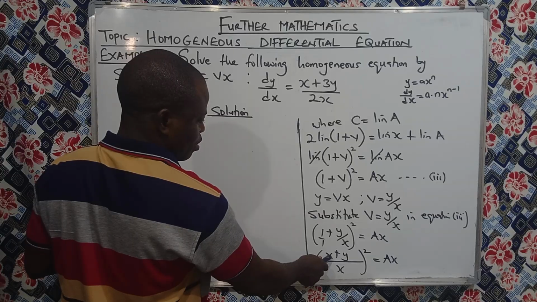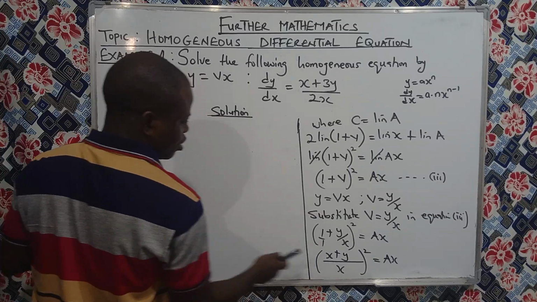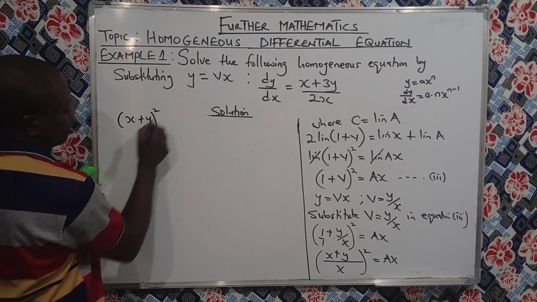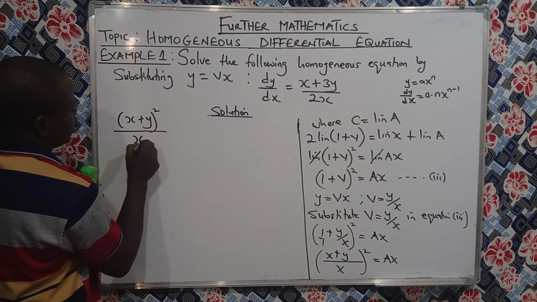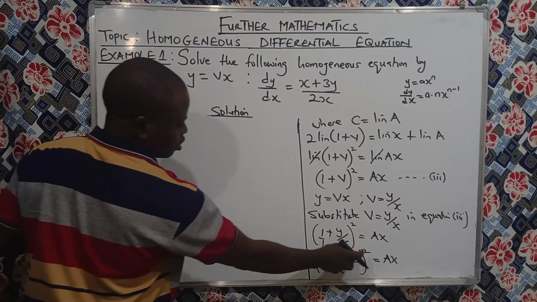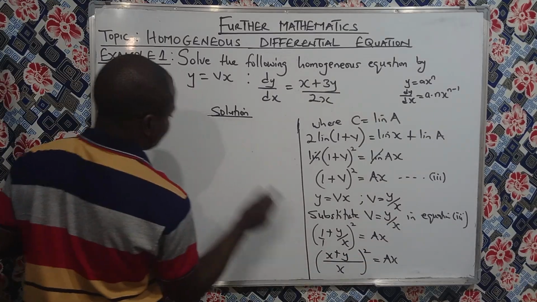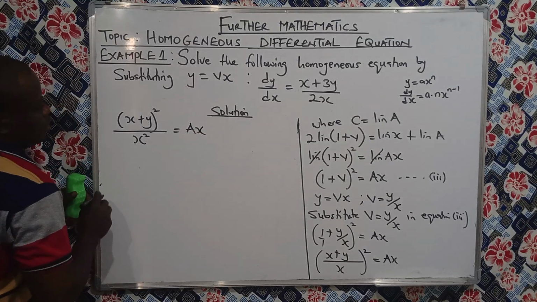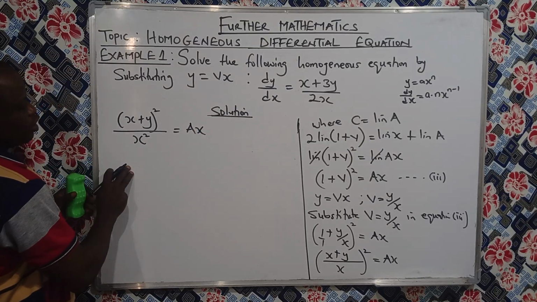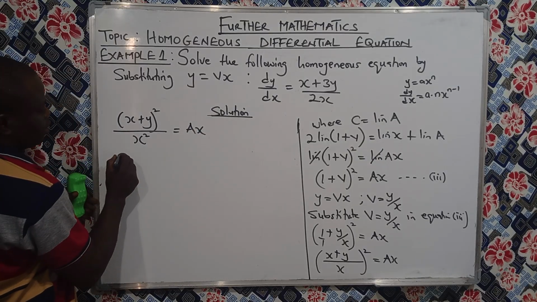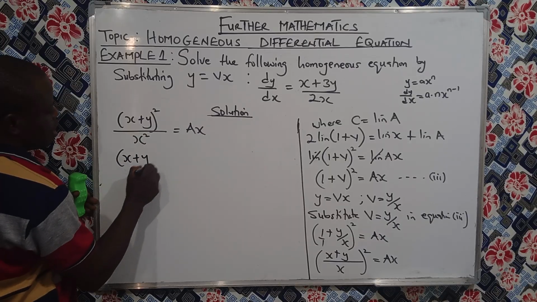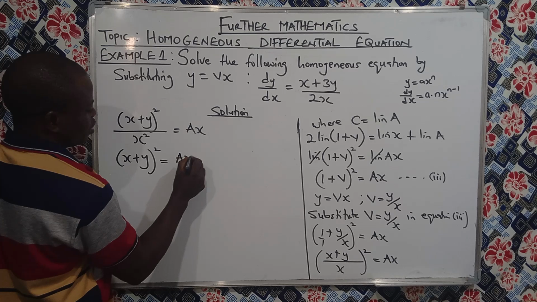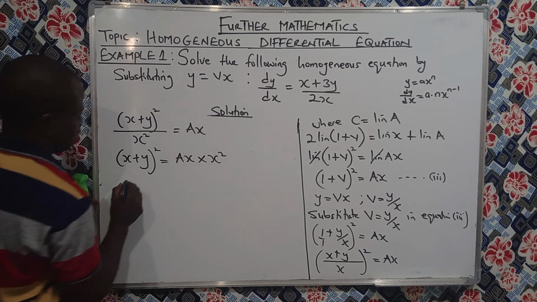The numerator and denominator are squared separately: x plus y squared over x squared equals ax. Now let's cross multiply: x plus y squared equals ax times x squared.